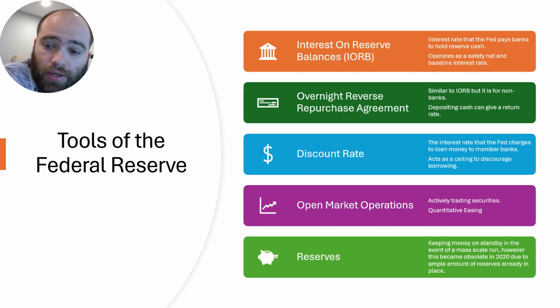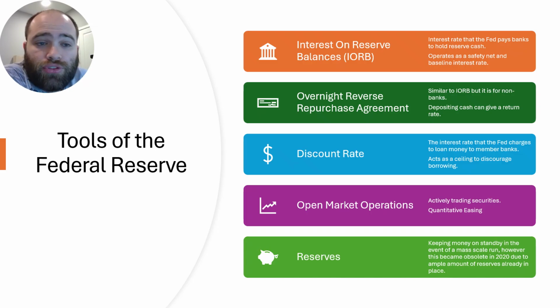We have a discount rate, which is the interest rate the Fed charges to loan money to other member banks. We have open market operations, which is when they're actively trading with quantitative easing, and that's used to make it to where we're not totally reliant on interest rates.